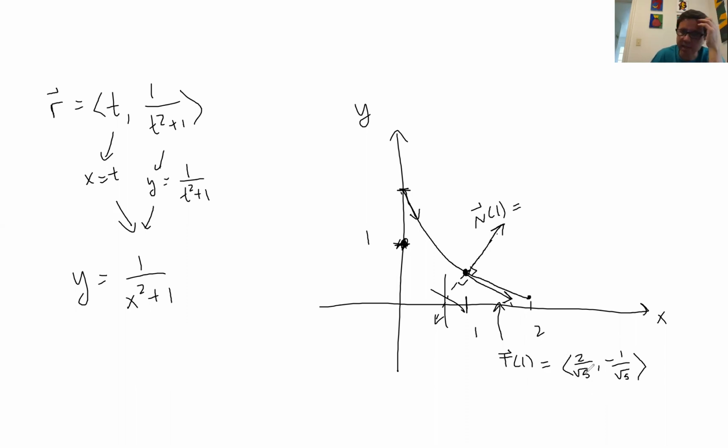So instead of the x and y being where they are, they're reversed and one of them is negative. So that means that the normal vector at 1 is either you switch them and make one of them negative, or you switch them and make the other one negative.